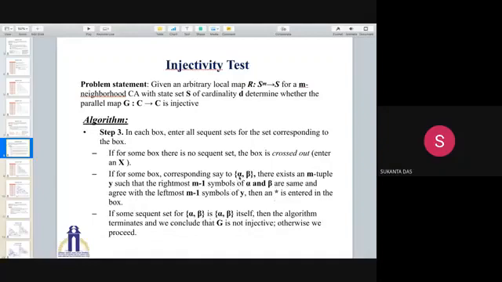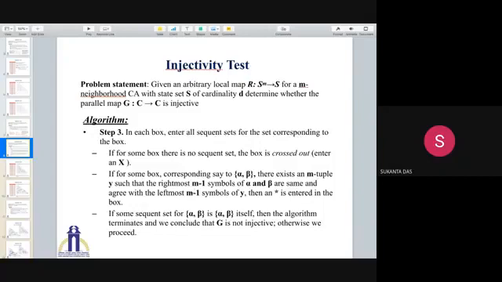What does it mean? It means, say from alpha beta I am shifting alpha and beta, and after shifting alpha and beta, I get the same set. What is it saying here? There exists an m tuple y such that the rightmost m minus 1 symbols of alpha and beta are the same as the leftmost symbols of y.